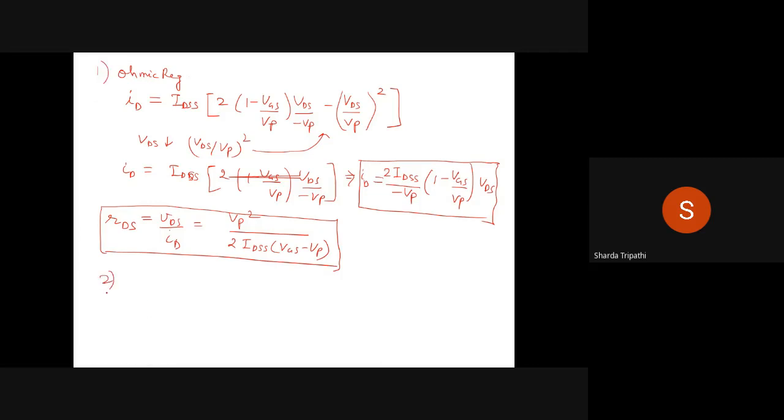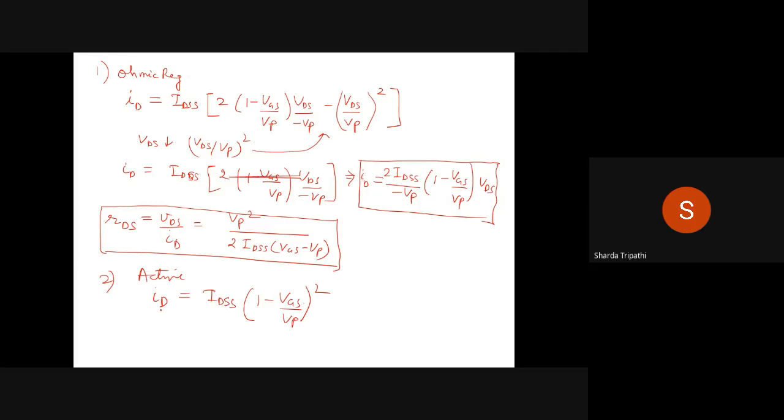Then if the transistor is working in the active region, then in that case, the drain current is given by ID is equal to IDSS into (1 minus VGS by VP) whole square. This is the equation of the transistor working in the active region.